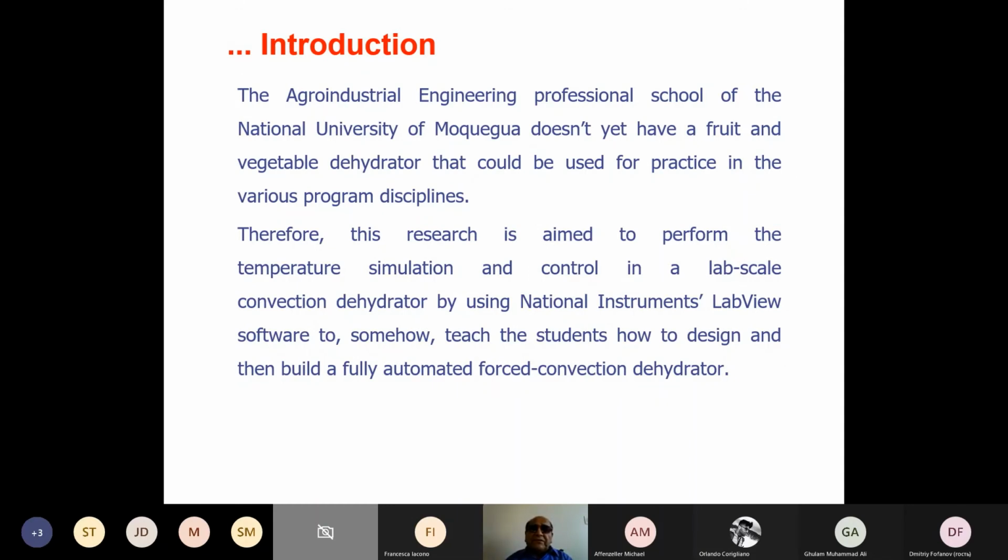Therefore, this research aims to perform the temperature simulation and control of a large-scale convection dehydrator using National Instruments LabVIEW software, to teach students how to design and develop an automatic forced convection dehydrator.